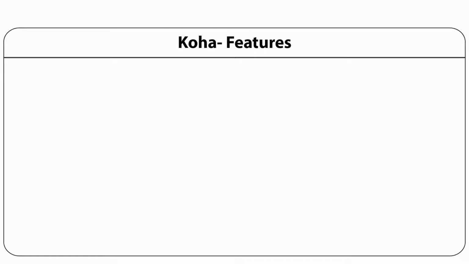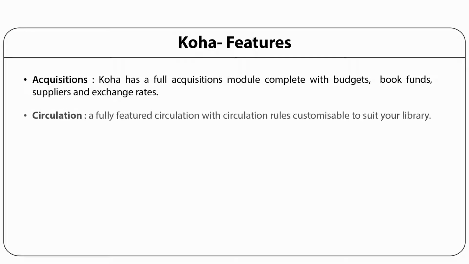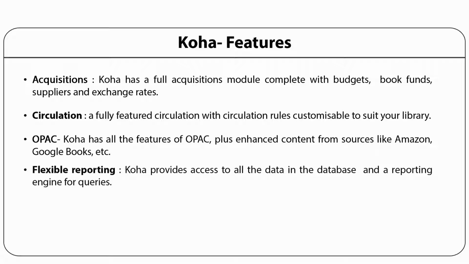The features of Koha include a full acquisition module, complete with budgets, book funds, suppliers and exchange rates. It has fully featured circulation with circulation rules customizable to suit the libraries. Koha has all the features of OPAC plus enhanced content from sources like Amazon, Google Books, etc. It provides access to all the data in the database and a reporting engine for queries.